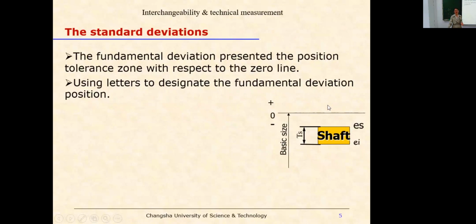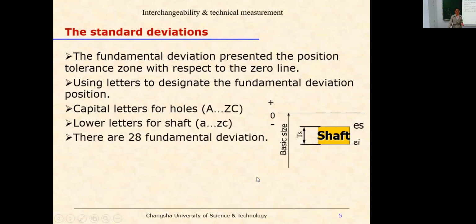Because this basic is close to the 0 line, right? So it's related to designating the fundamental deviation position, like this one. The capital letters for the hole, and the lowercase letters for the shaft, are A and continue to ZC.